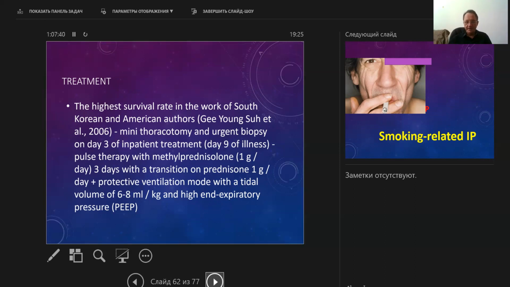Also use pulse therapy of methylprednisolone and a blockade of interleukin-6, tocilizumab, polakizumab, and also non-invasive ventilation. But in case of progression, it's mechanical ventilation and ECMO, extracorporeal membrane oxygenation.